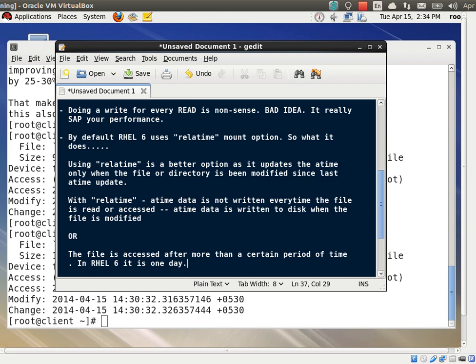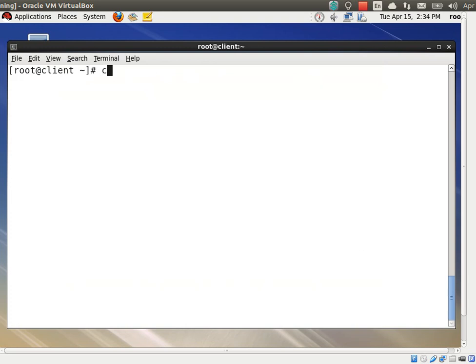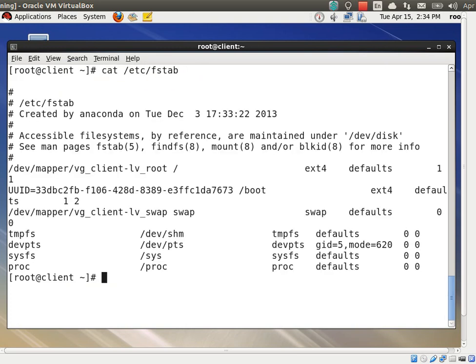How can I be sure? Because we had never used the relatime mount option in RHEL 6, and we had completed our RHCE and other certifications. Let me show you. If I give cat /etc/fstab, you can see there I'm still using defaults. Have you ever wondered what the default mount options are?